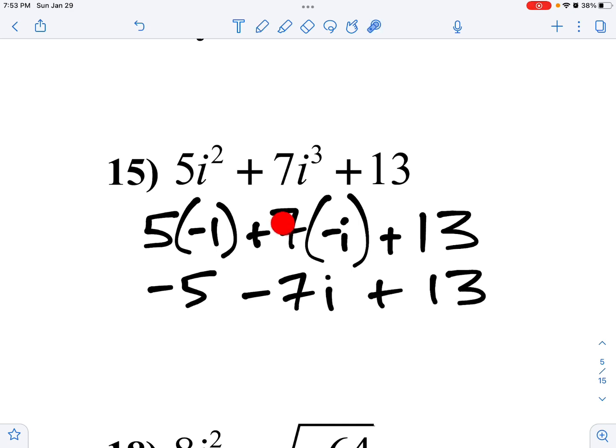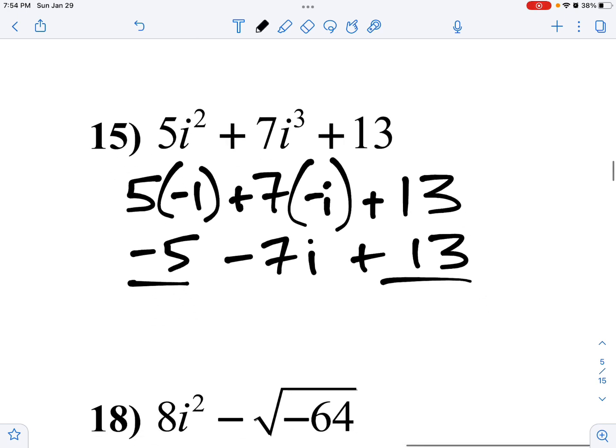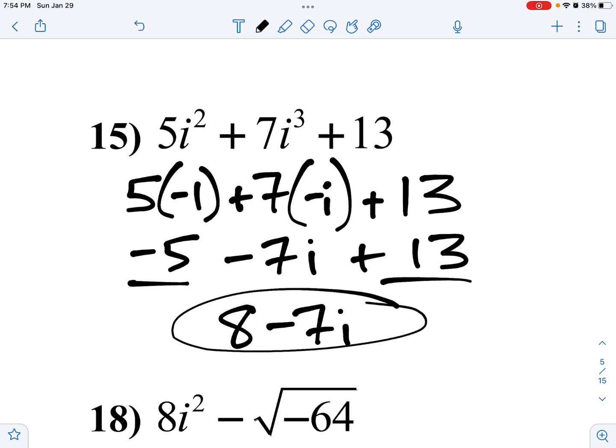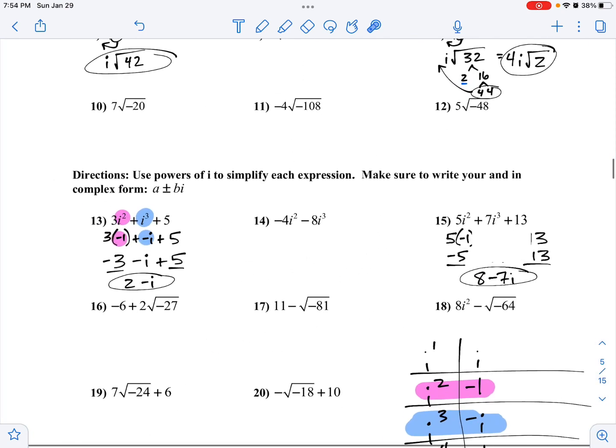So I'm just multiplying positive 7 times -i. It's being multiplied here. That means it needs to continue being multiplied here. I have some like terms I can combine, -5 and positive 13. So -5 and positive 13 makes positive 8, and I still have that -7i. There's your final answer. Remember to write the whole number first and the i last.